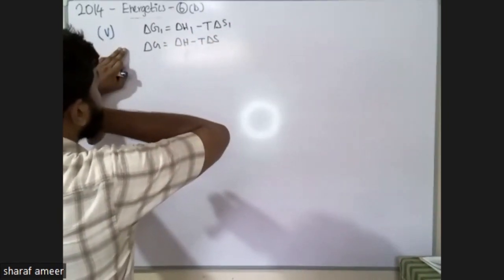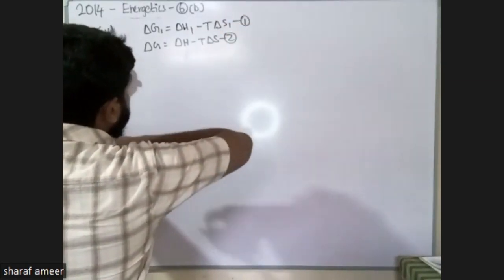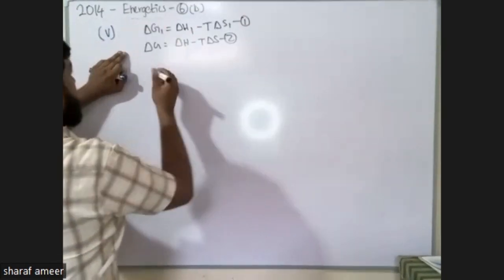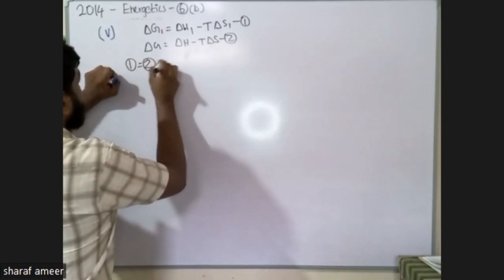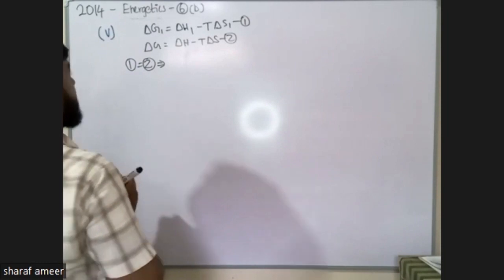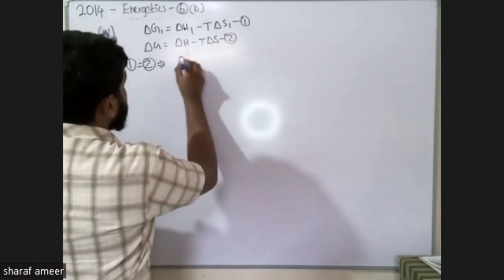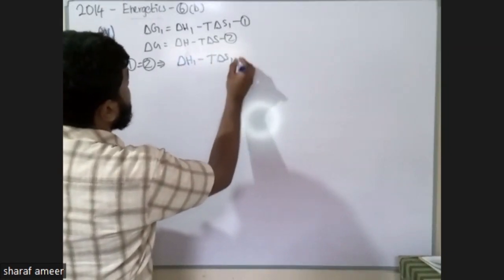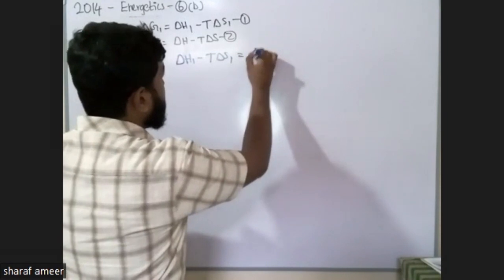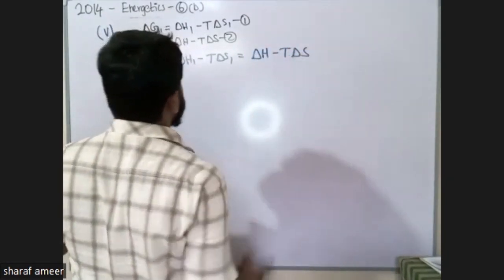Understood? So if you take this one as the first equation and that as the second equation, you can equate them. So first equals second: delta H1 minus T into delta S1 is equal to delta H minus T into delta S.